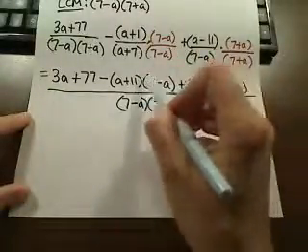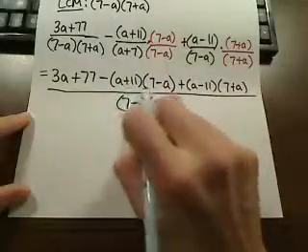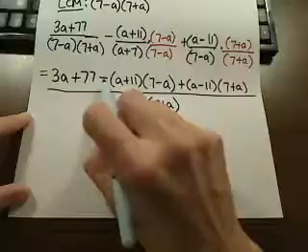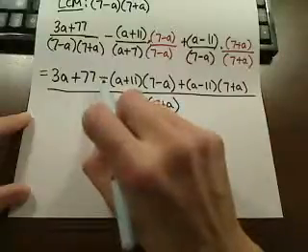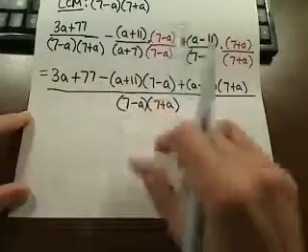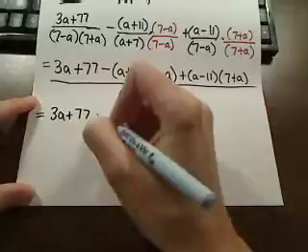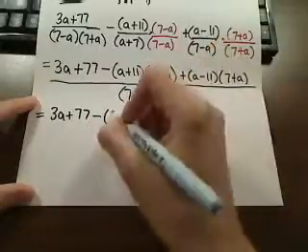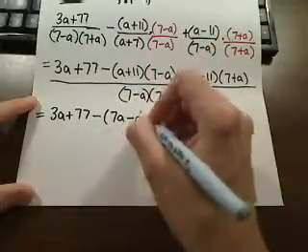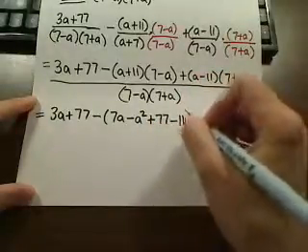Okay, so now there's a lot of simplifying to do. We're going to go ahead and FOIL right here, and we're going to FOIL right here. When we do this FOIL, we're going to have to keep it in parentheses because there's a negative out here, and we're going to have to distribute that negative eventually. So foiling this, we get 7a minus a squared plus 77 and minus 11a.